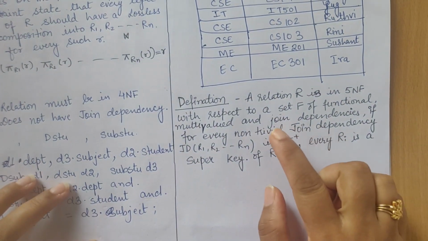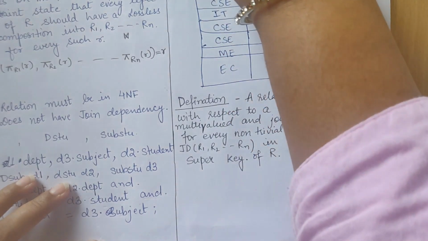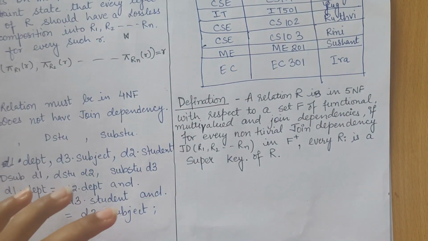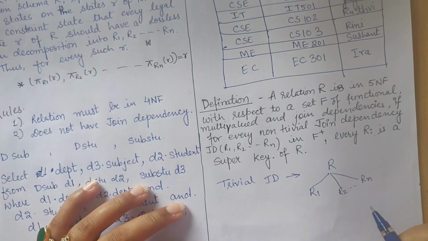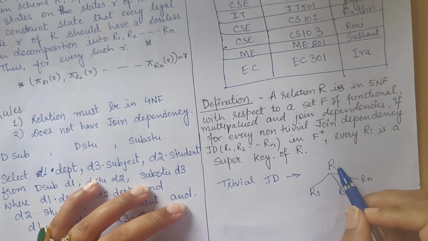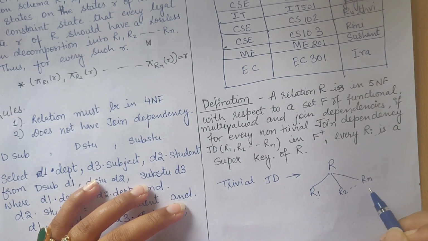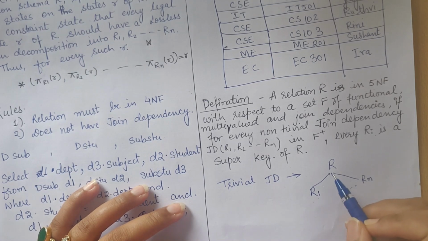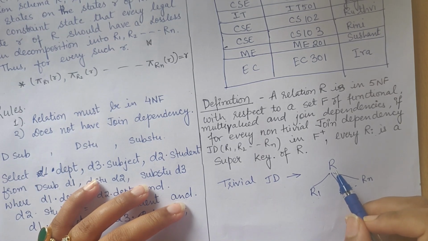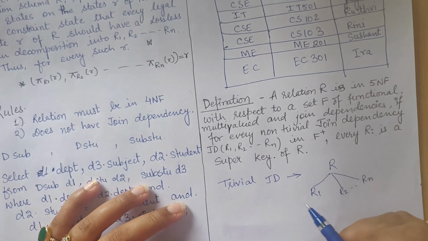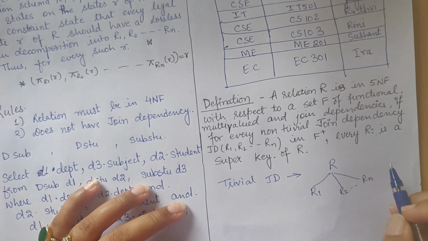Now, what is a non-trivial join dependency? So, understand what is a trivial join dependency. We decompose a relation R into multiple tables. Let us suppose I am decomposing this relation R into R1, R2 and Rn.